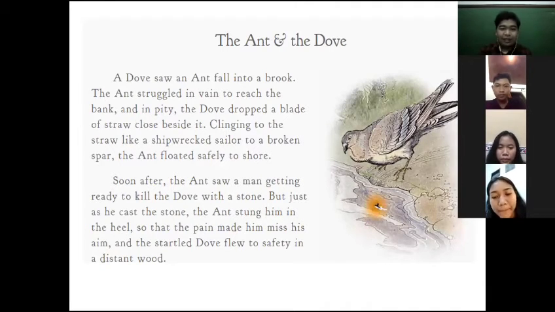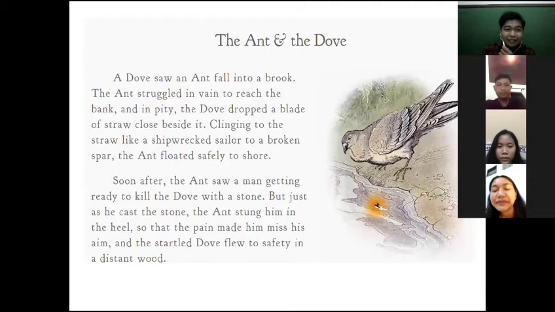If you have finished reading the story, now I want to ask a question related to the story. Okay, the question is, what is the story about? Who can answer the question? The story is about the ant and the dove. All right, that's right. The story tells about the ant and the dove.